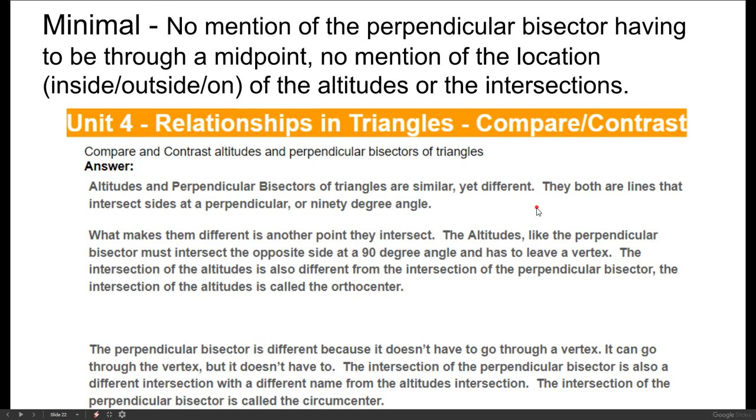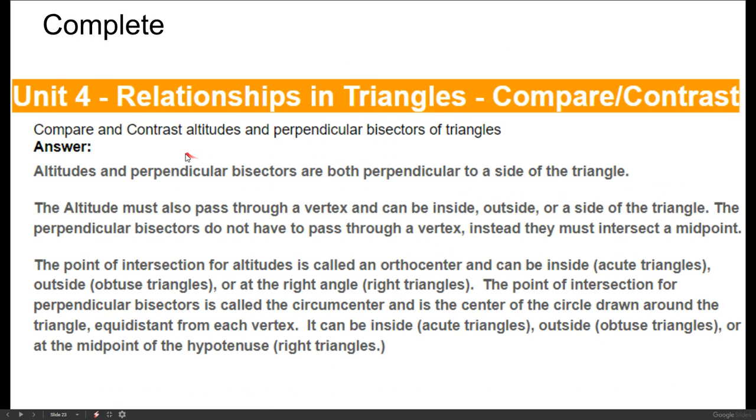Let's look at a complete answer. Okay, "Altitudes and perpendicular bisectors are both perpendicular to a side of the triangle. The altitude must also pass through a vertex and can be inside, outside, or a side of the triangle. The perpendicular bisectors do not have to pass through a vertex. Instead, they must intersect the midpoint." Here I have my midpoint. Okay.